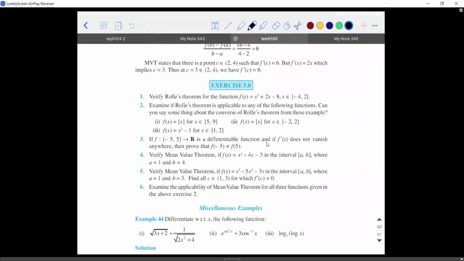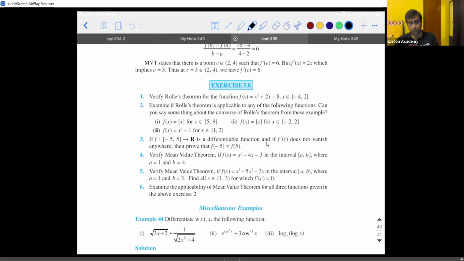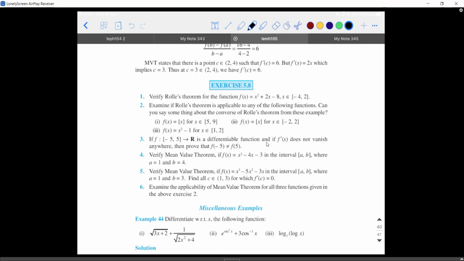Okay, sir. Sir, it won't verify the theorem, sir. Why? Sir, because f of minus 4 won't be equal to f of 2.